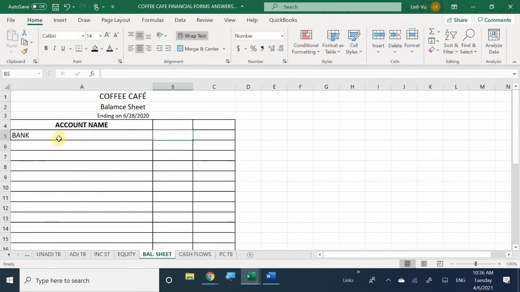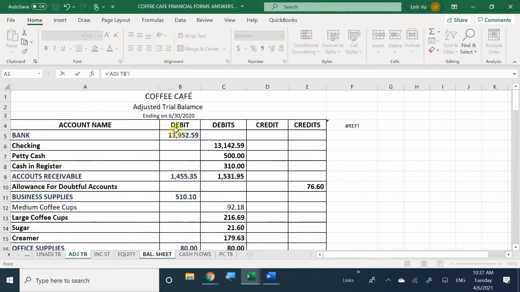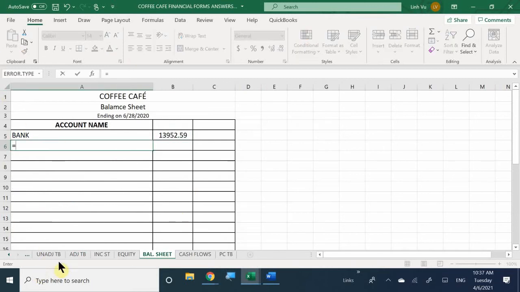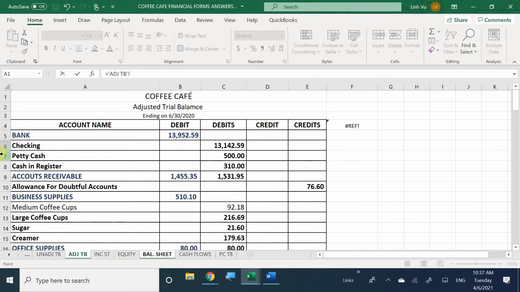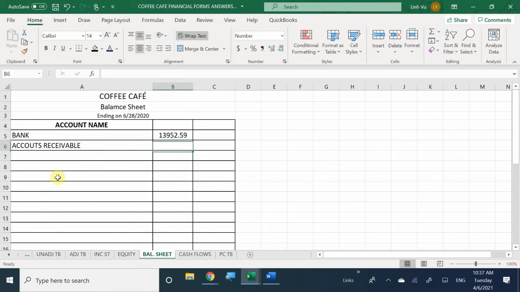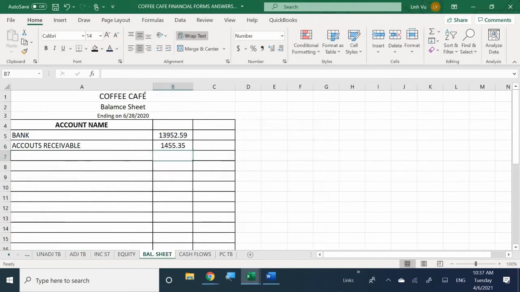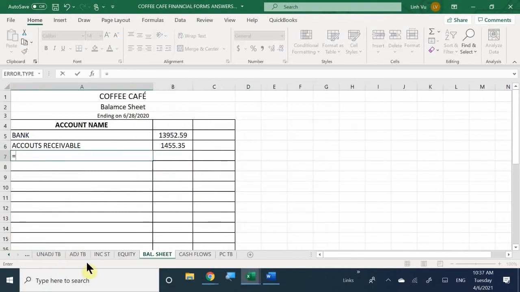My bank account right now is outstanding for a total of $13,952.59. What's my next asset? Accounts receivable, for 14,555.35.